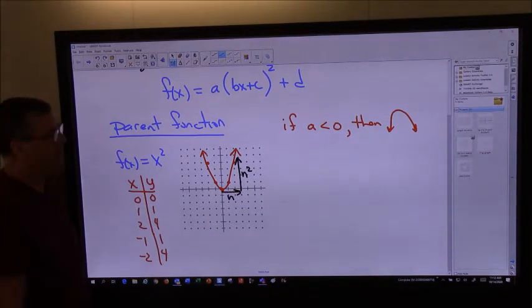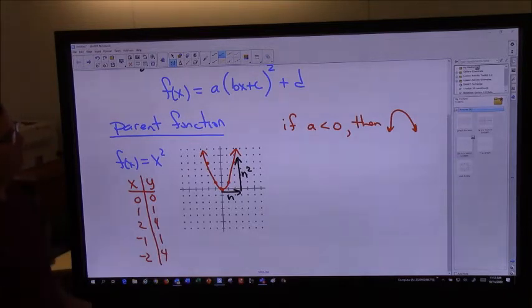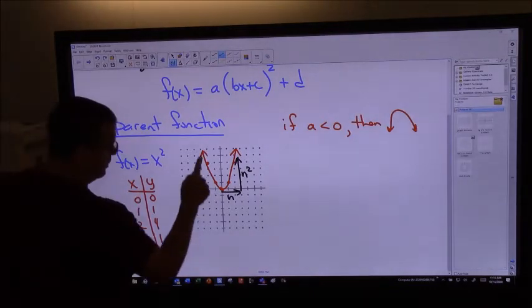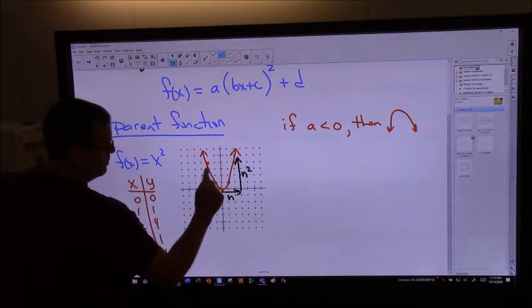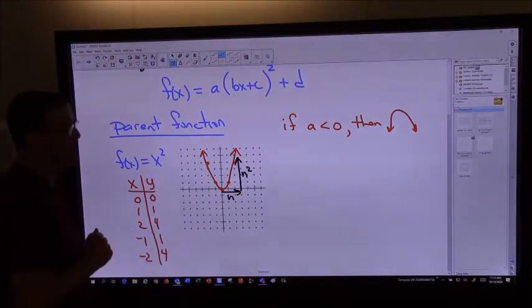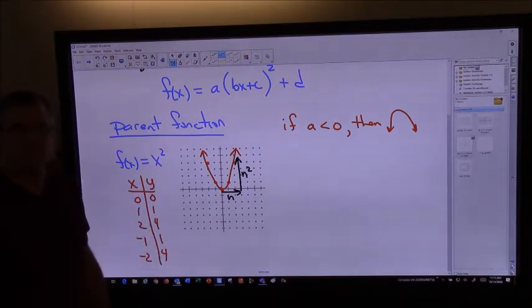So if B is negative, it doesn't affect the way this graph looks. It still looks the same. In reality, it takes this curve and flips it across the y-axis. This piece goes over here, this piece goes over here, but it still looks the same.